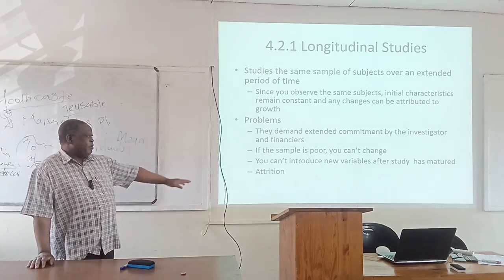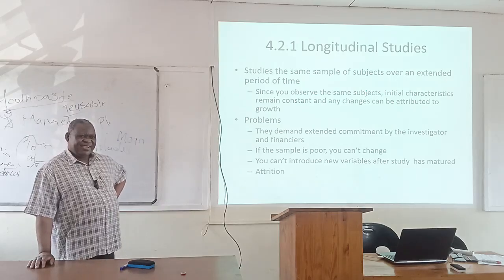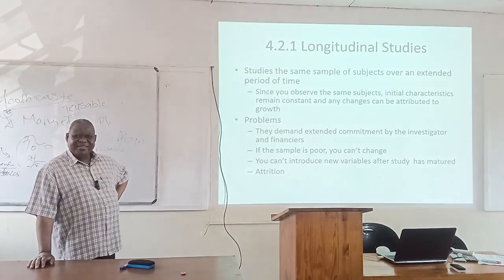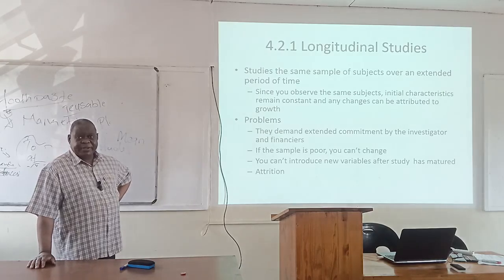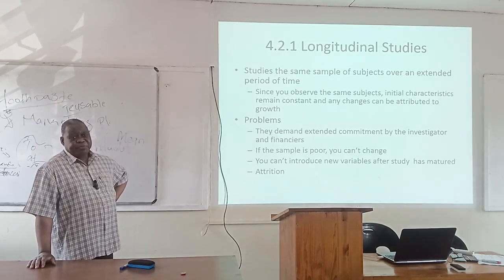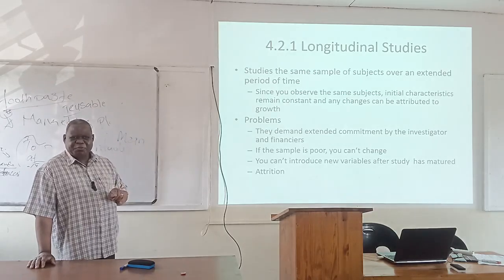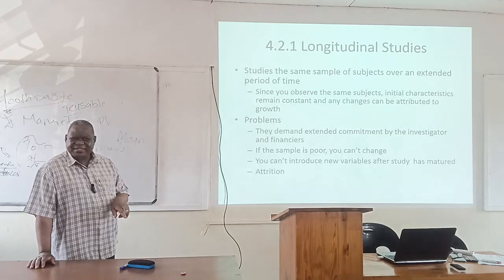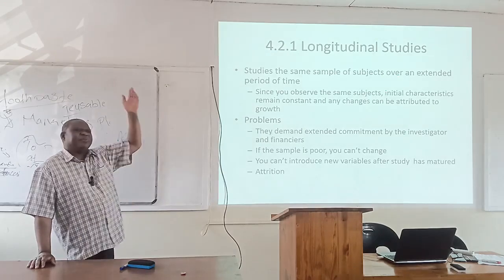And the other problem is attrition. By having that sample, you are likely going to experience loss of subjects in that sample. Maybe when you started with this group, there were 80 pupils in that group. But as time goes, some of the pupils will be dropping out. Some of them may be transferring to other places.